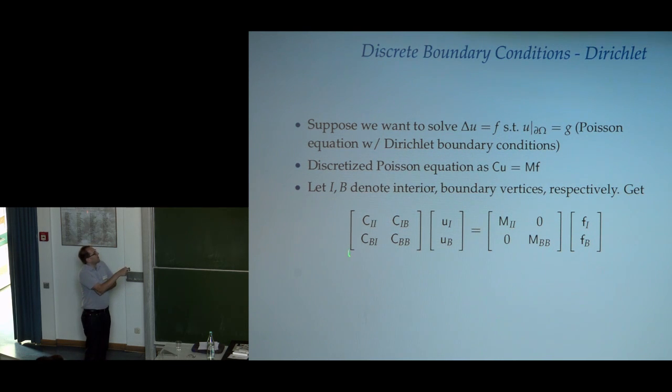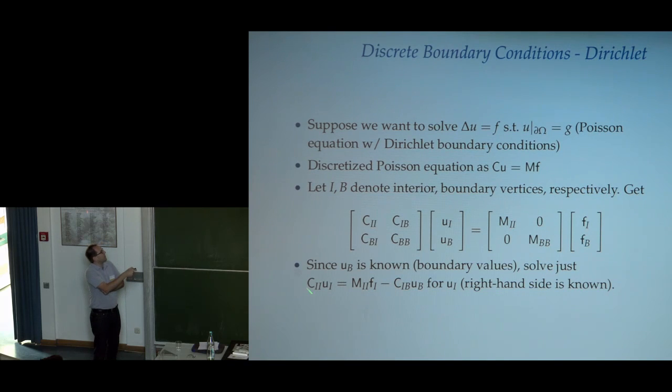So basically the term that you get, if you multiply this block row here by this vector here, you're going to get CII times UI plus CIB times UB. And the CIB times UB you already know, so you already know what the UB has to be on the boundary. And you can rearrange your equation now so you're only solving for the UI. So this part here is just moved over to the right-hand side. And you solve this smaller set of linear equations to get what the values are on the interior.